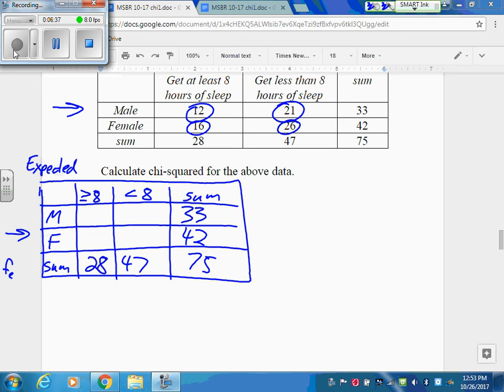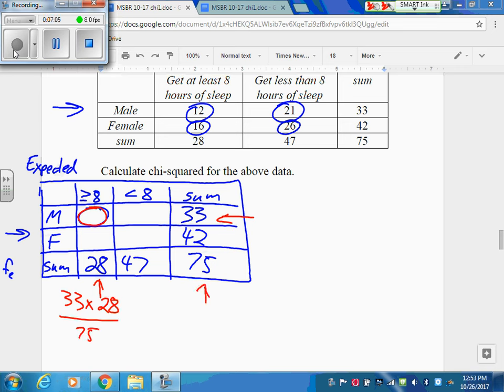So what I mean by that is right here in this first box that I'm circling, let me circle it in red so we know exactly what we're talking about. Well, we have a row, the male row, which has a total of 33. So I'm going to take 33, and then we have a column, which has a total of 28, and I'm going to multiply those two together. So I'm going to have 33 times 28, and then I'm going to divide that all by the grand total of 75.